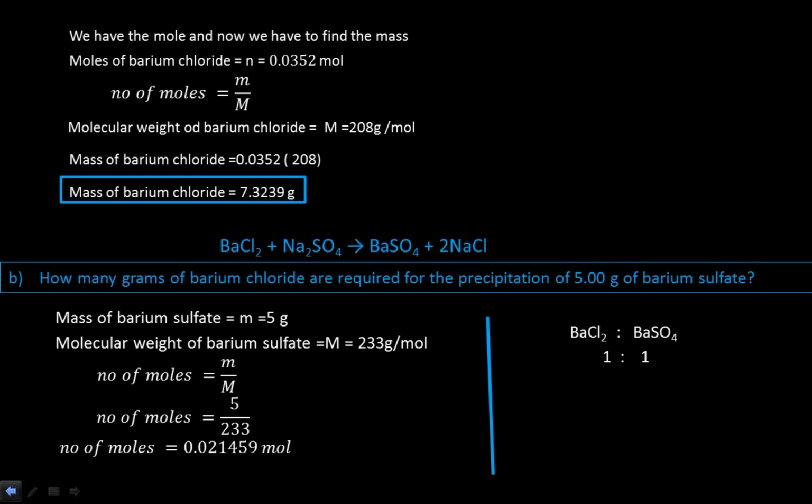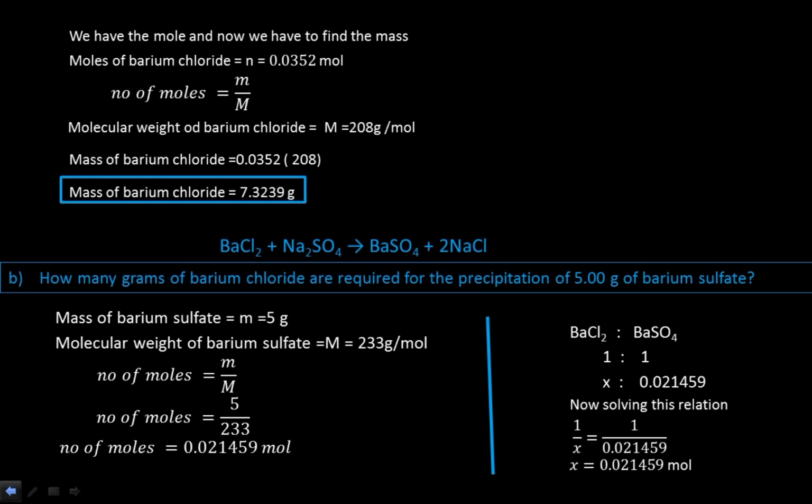So if we have 0.021459 moles of barium sulfate, then barium chloride is X, that is unknown to us. Moving on to our calculation, we have 1 over X equal to 1 over 0.021459. Using cross multiplication, we get X to be 0.021459 mole, and these are also gram moles.